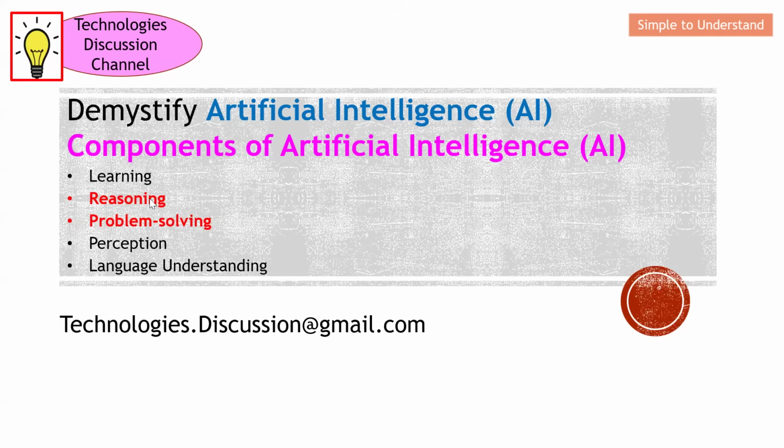In this video, I would like to highlight the key difference between reasoning and problem solving, because a lot of us think that they are the same. However, in this video, I will explain the key difference between reasoning and problem solving. Basically, this will be the objective of this video.